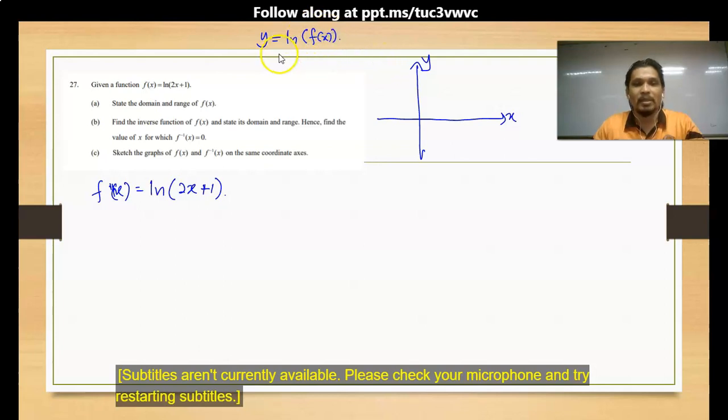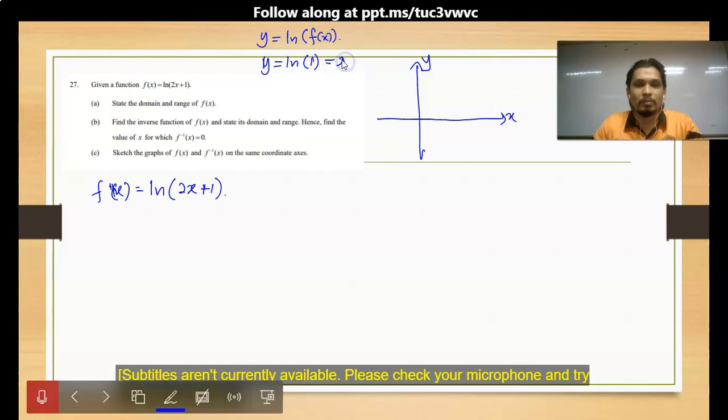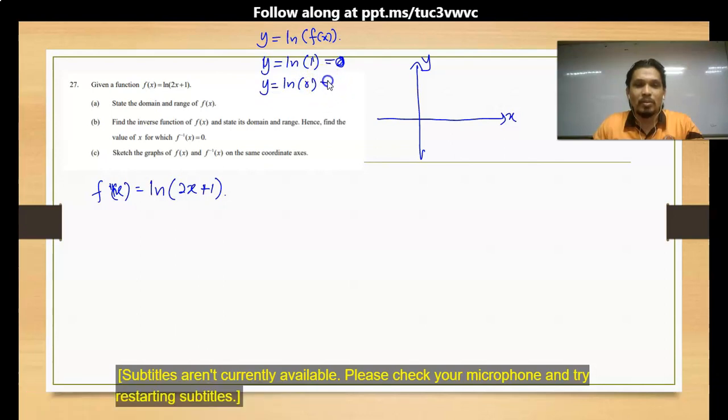As we know, natural log of 1 equal to 0, and natural log of 0 makes the whole function undefined.